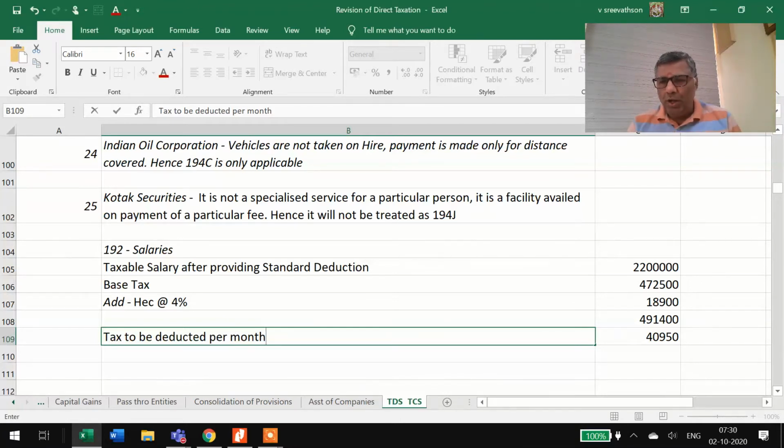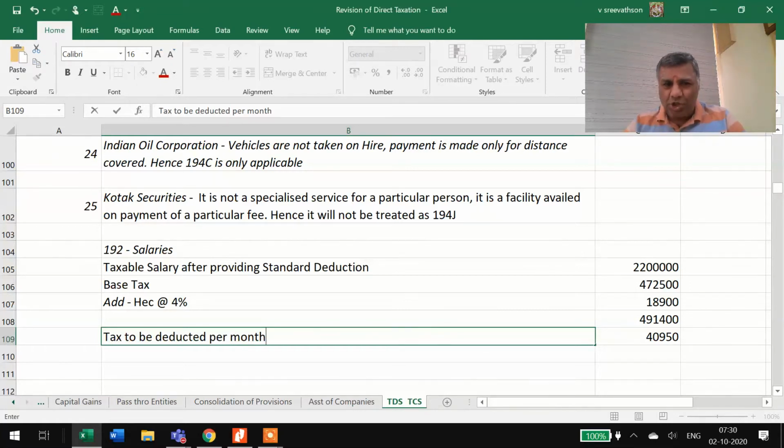So in the case of salaries, provide for all the benefits, that is standard deduction, HRA, 80C, all deductions. After providing, the employer acts as an assessing officer. He takes all the proof, provides all the deductions, and on the salary computed, adds HEC also, and surcharge if it is applicable.